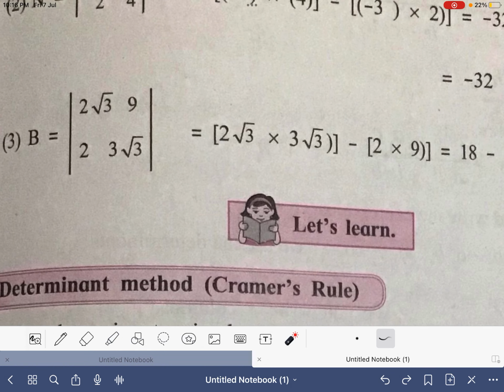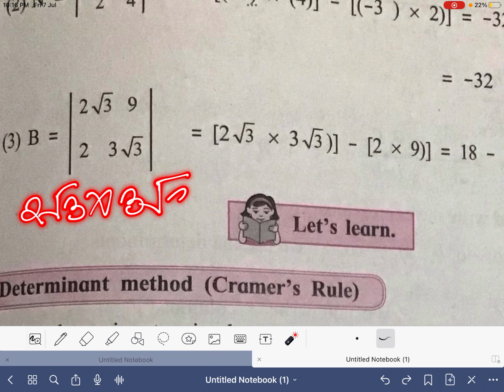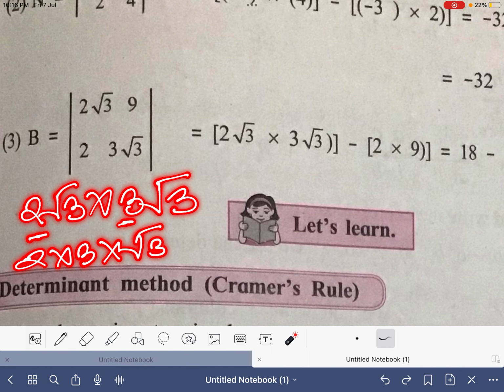Let's solve this one first. Always keep in mind, 2 root 3 multiplied by 3 root 3. Initially we solve this, and then we will move to the next step. First of all we multiply this 2 and this 3, so 2 multiplied by 3 multiplied by root 3 multiplied by root 3.